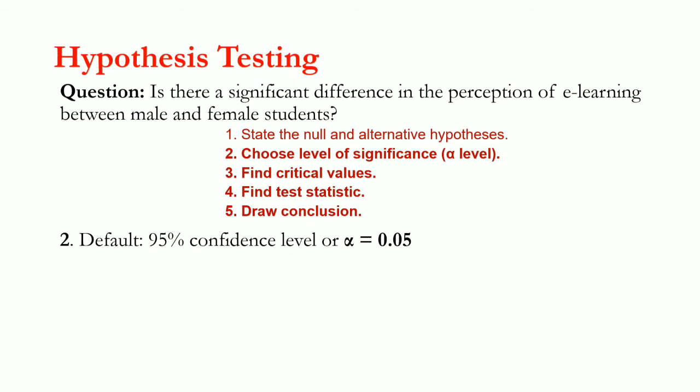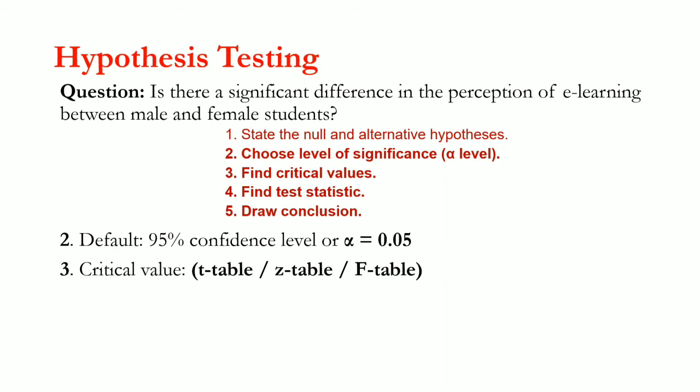For the second step, choose level of significance. The typical level of confidence is 95%. So the alpha level for that is 0.05. Though you can set more stringent alpha levels, 0.03 or 0.01 for 97% and 99% level of confidence. Critical values can be seen at the back, usually, of statistics books.